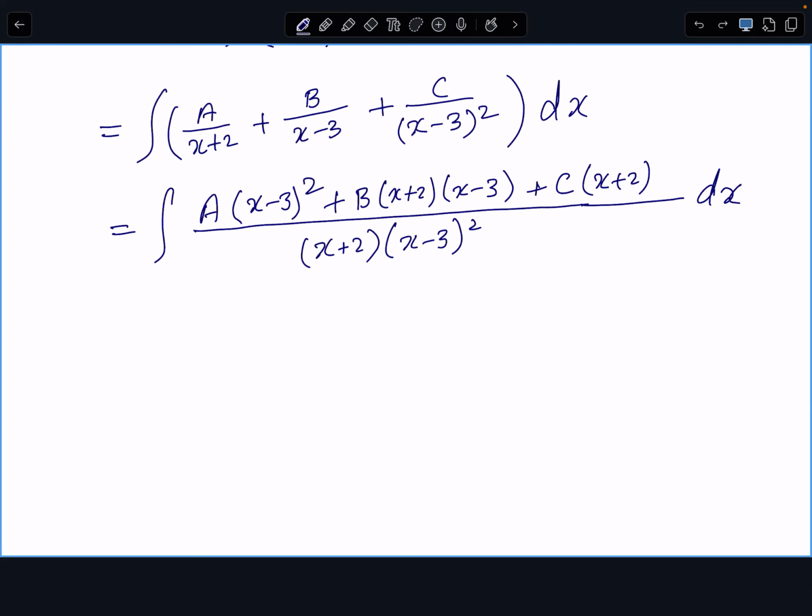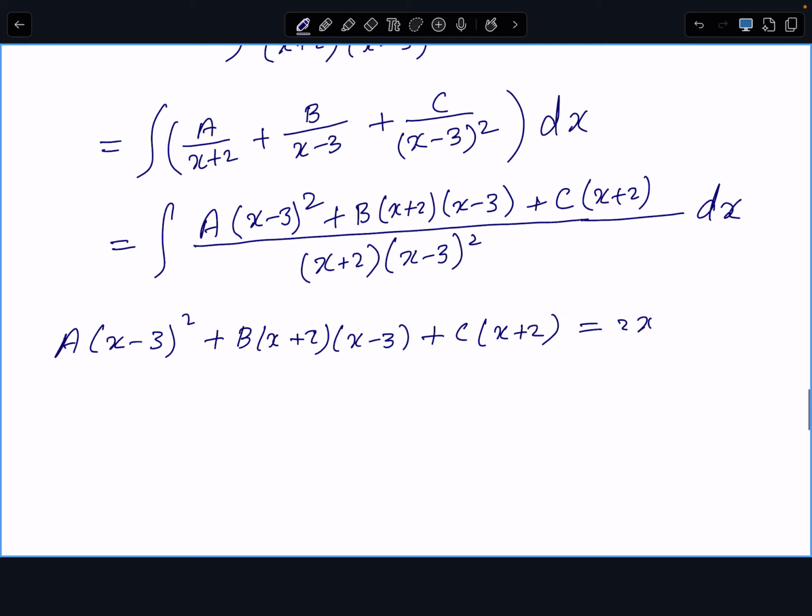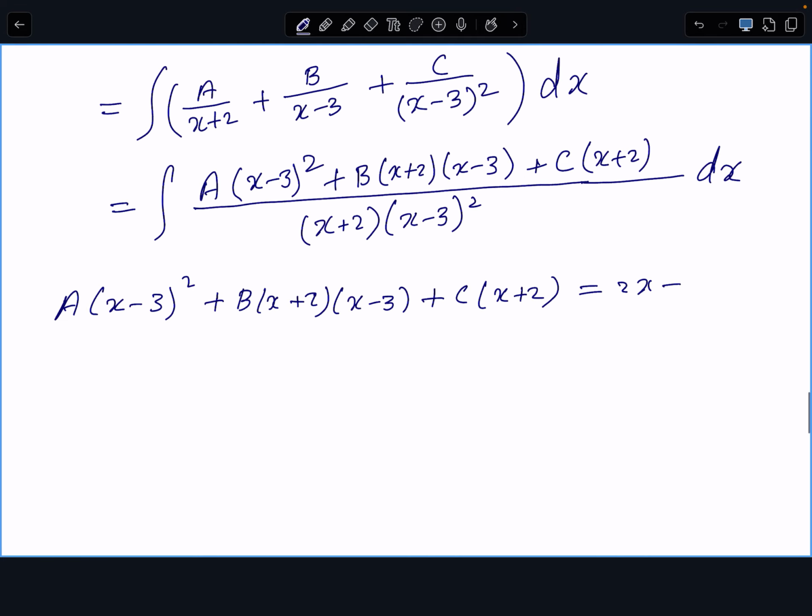Is it clear? So we're having A x minus 3 whole squared plus B x plus 2 x minus 3 plus C x plus 2 equals 2x plus 3, which is this one.